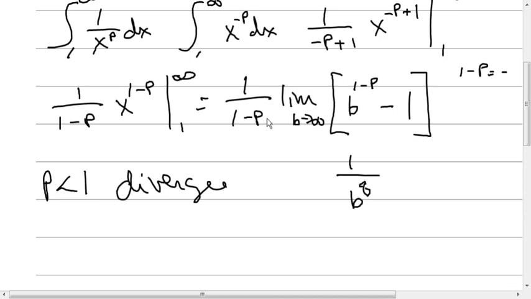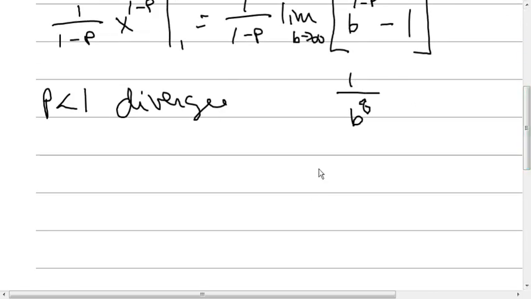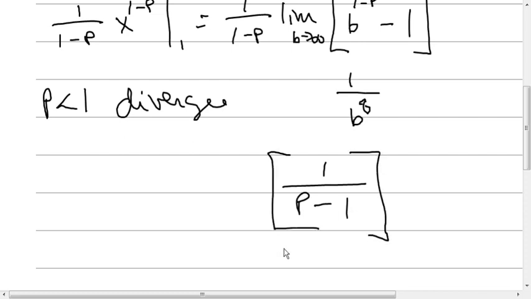Then this simply becomes 1 over 1 minus p times minus 1, which means that we get convergence to 1 over p minus 1, once we play with our minus signs. This will be what this integration goes to. That does not tell us what this series converges to. It just tells us that it converges. So now when p is greater than 1, we converge.